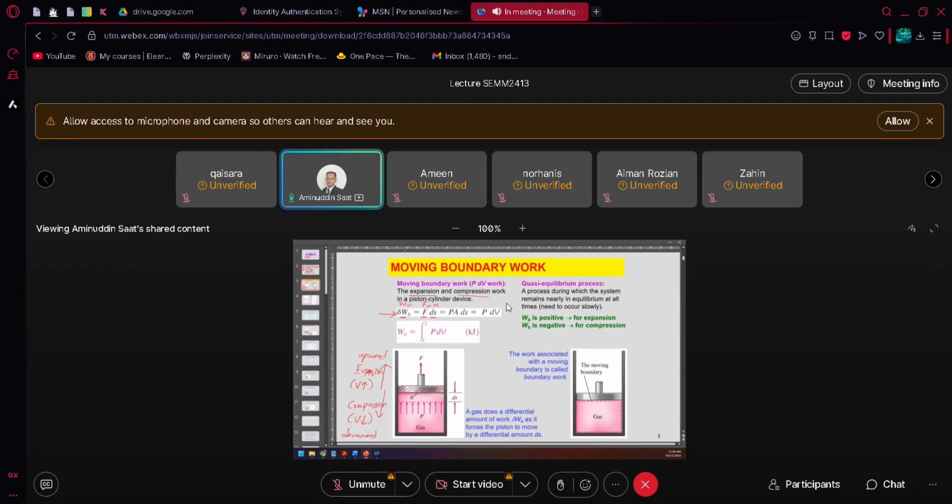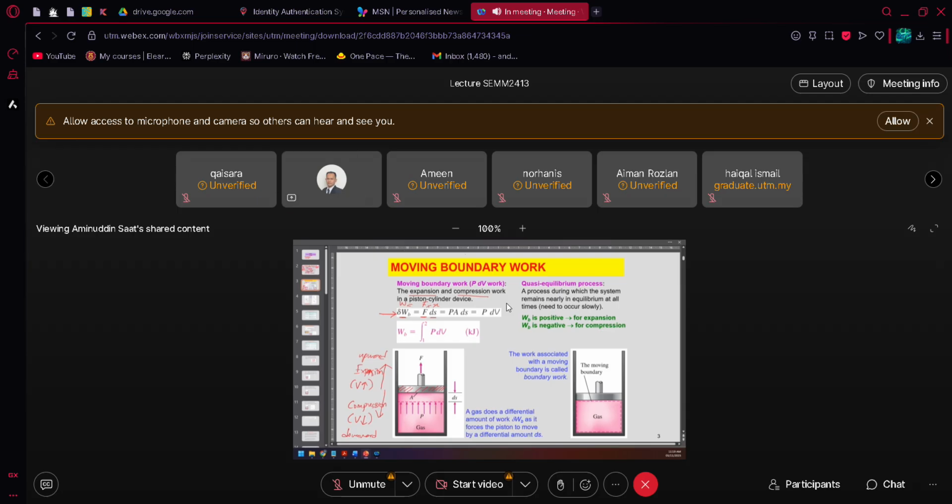So if the force is constant, while the distance is changing from one point to another point, we can calculate the total boundary work, as long as you know the force and the distance from point zero to point one, or one to two.